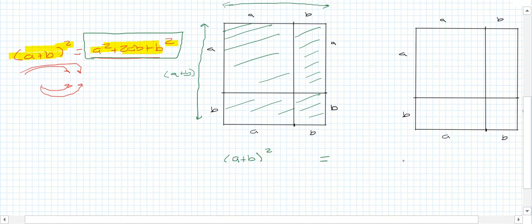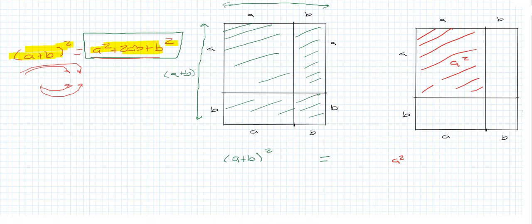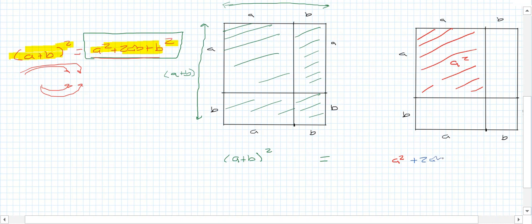Well, a squared is this square that's within this bigger square. So that represents a squared. Plus 2ab. So where is ab?